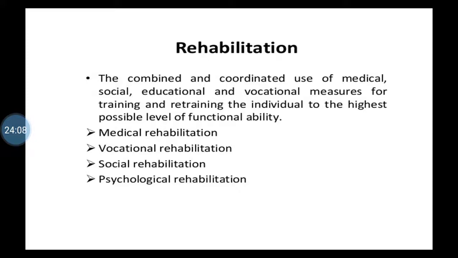Psychological rehabilitation. So the psychological factor is also very important. The handicapped person must not get depressed, isn't it? Then sheltered workshops are there. Then for such handicapped persons, there are hostels and schools for handicapped children, isn't it?